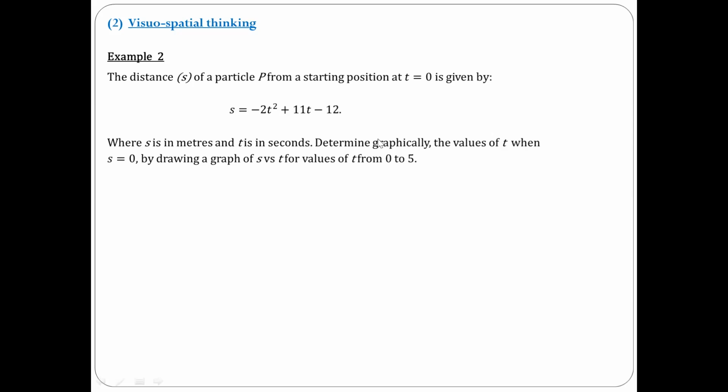So basically we are looking at the same equation, only that the equation has been restructured differently. They want us to determine graphically the values of t when s is equal to 0. When you put s is equal to 0, you will see that it becomes the quadratic equation that we solved in example 1. So we are using the visual spatial thinking approach, or spatial visualization. So, solution graphically using the visual spatial thinking approach.